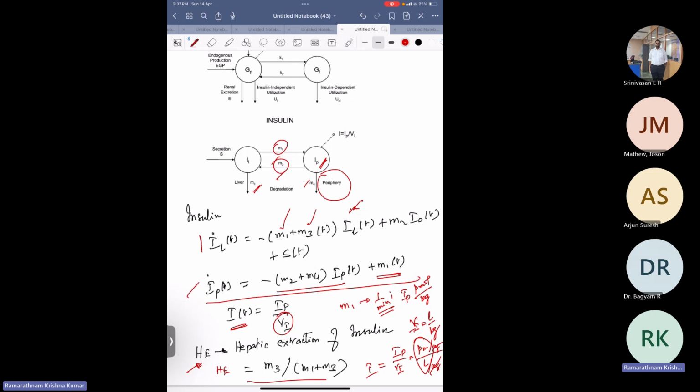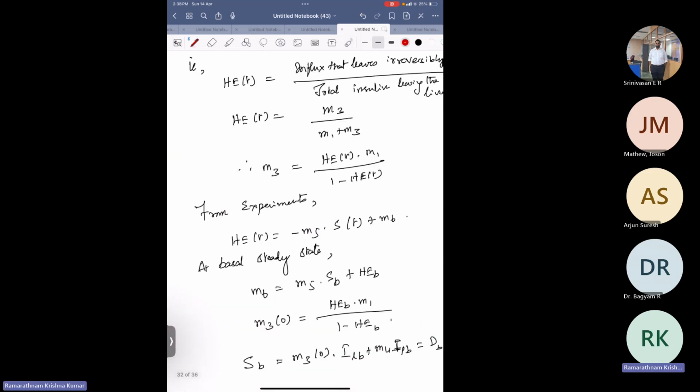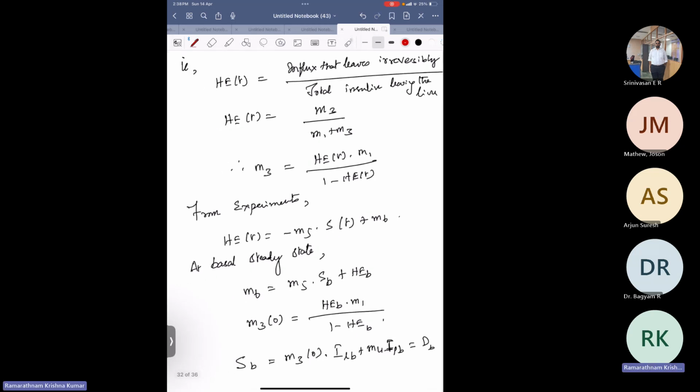Hepatic extraction is M3, the rate at which it is going out irreversibly, divided by M1 plus M3, the total going out of the compartment. M1 is going to the plasma, M3 is irreversibly going out. So HE is M3 divided by M1 plus M3. This comes from physiology. In fact, I'll send you the paper and there is a reference to this. So HE is the influx that leaves irreversibly relative to the total insulin leaving the liver, which is M1 plus M3.